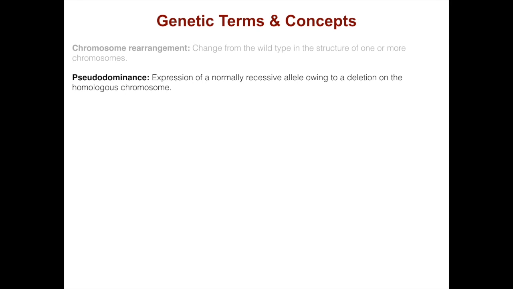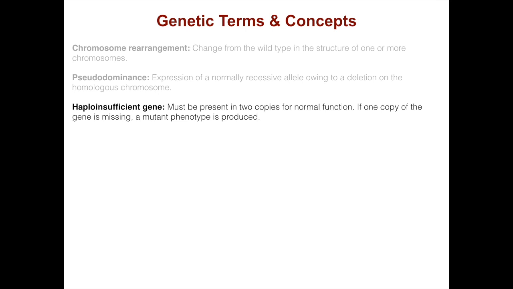So here are some genetic terms and concepts that I'd like you to remember from this lecture. Chromosome rearrangement is a change from the wild type in the structure of one or more chromosomes. Pseudodominance: expression of a normally recessive allele owing to a deletion on the homologous chromosome.